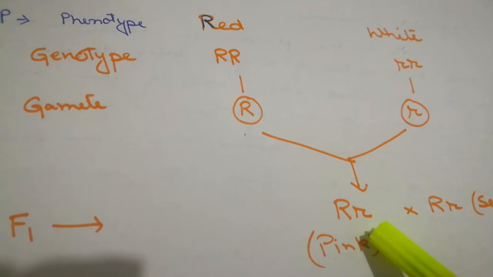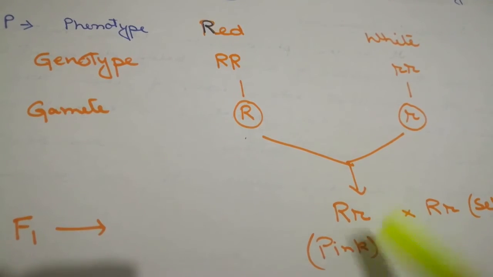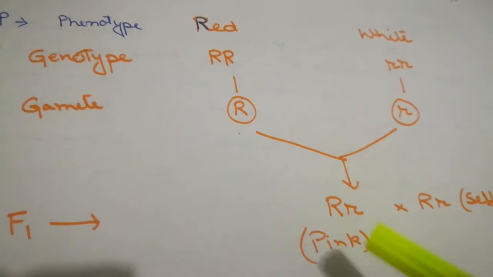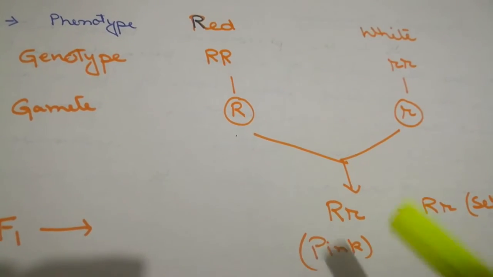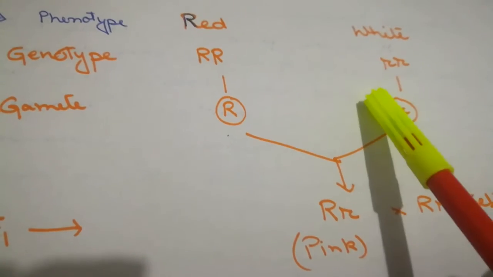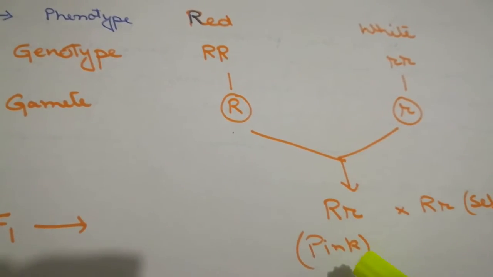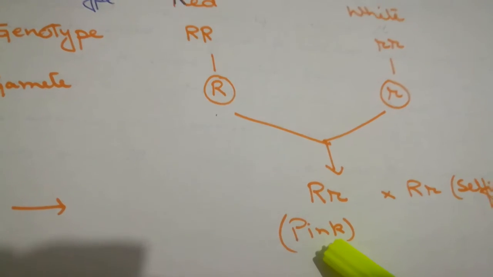Now as per Mendelism, this phenotype has to be red color, but it shows a pink color. That is, this is an intermediate between red and white. This is known as blending inheritance or incomplete dominance.